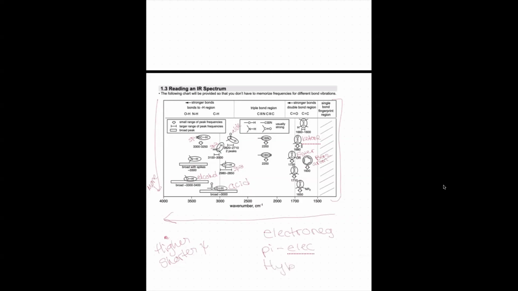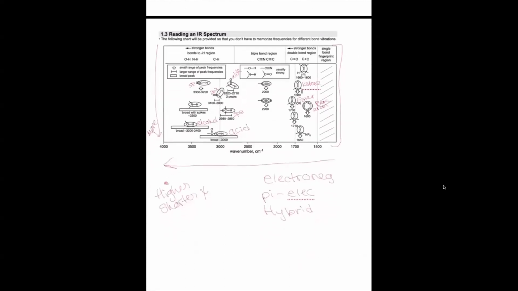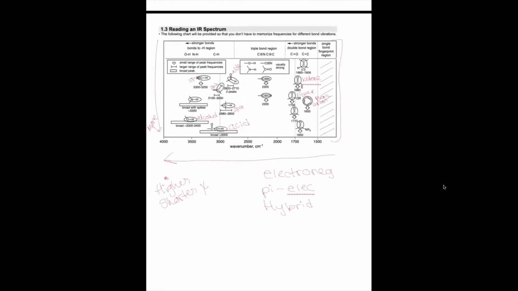Hybridization. This is not an end all be all rule, by the way. Hydrogen bonding and solvent effects, which, oh wait, this is for deshielding. Never mind. Sorry. Just kidding. This is for the next concept. Ignore that. That's the next concept.